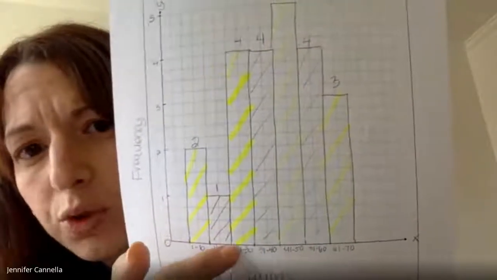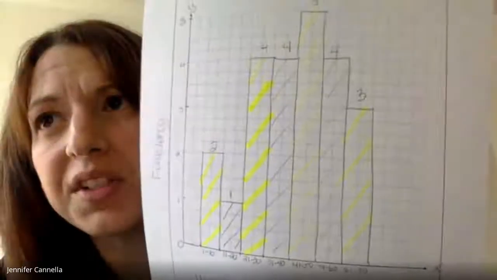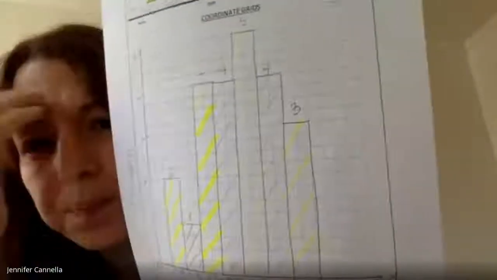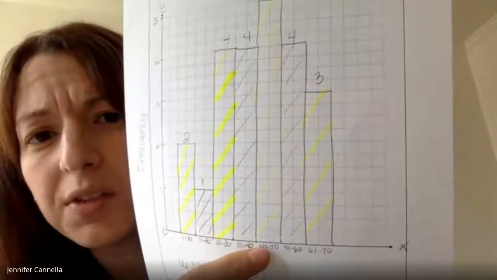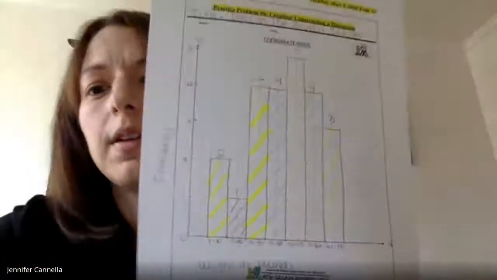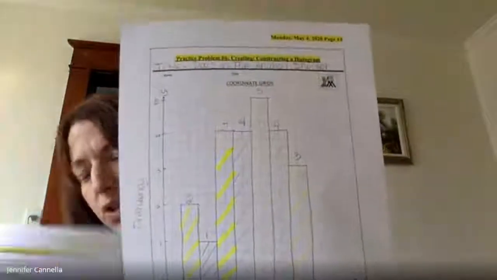From 21 to 30, I'm going to go up to 4, and I'm going to make the big box, like a bar graph, but all the bars connect now. Same with 31 to 40, I'm going to make a bar. Then 41 to 50, I'm going to go up to 5. Then from 51 to 60, I'm going to go up. And then from 61 to 70, I'm going to go up to 3. And now I have the correct histogram to show the data. So this data is represented on this histogram on page 14.